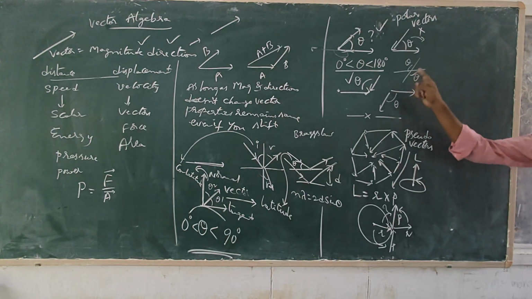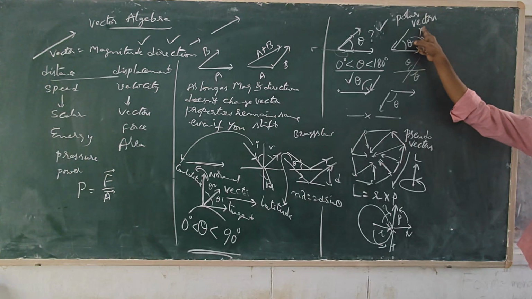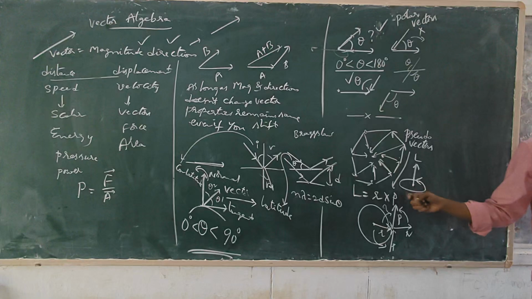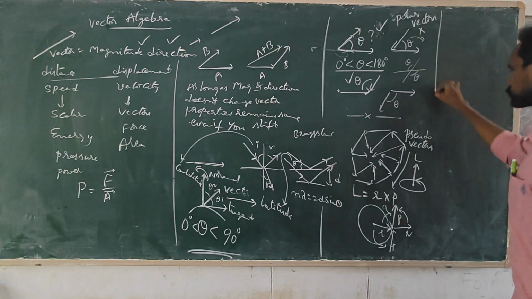So that's why they are called polar vectors, where the direction of vector represents the direction of the activity. Pseudo vectors: the direction of activity is perpendicular to the plane containing the vector. Okay, so what are such vectors called? Pseudo vectors.